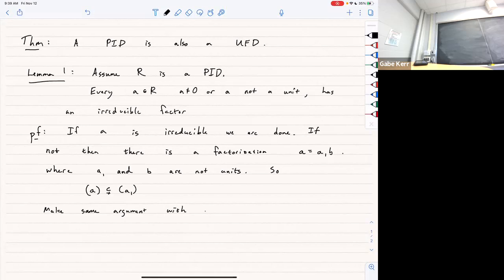If A1 is irreducible, we've just found an irreducible factor of A, and we're done. If not, we can factor A1 just like we did with A, and get another inclusion, say A2.